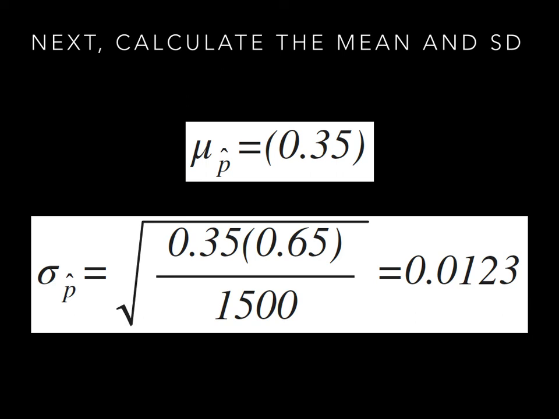The standard deviation is going to be the square root of 0.35 times 0.65, all divided by 1,500, and that is going to equal 0.0123. So now that we have all this information, we can go into our calculator and find the probability that a random sample is going to have a proportion between 0.33 and 0.37.